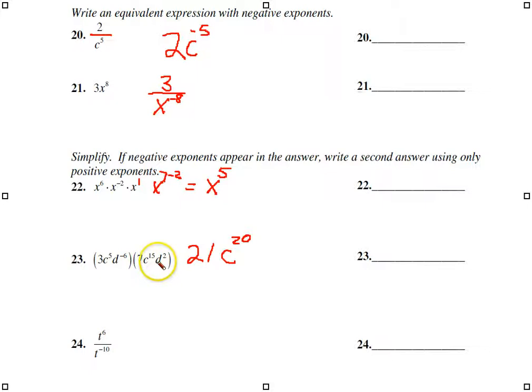D, now we want positive exponents. Up in the top, it's going to become D. Negative 6 plus 2 is a negative 4, but we want positive exponents. So I'm going to take this and move it down, and that becomes d to the 4th. So this goes away.